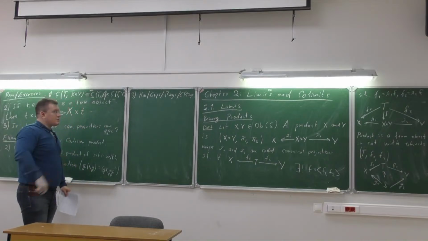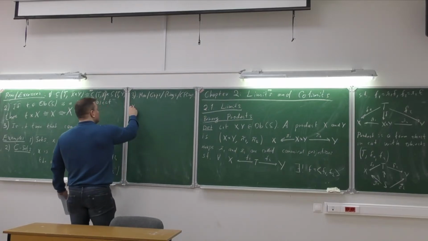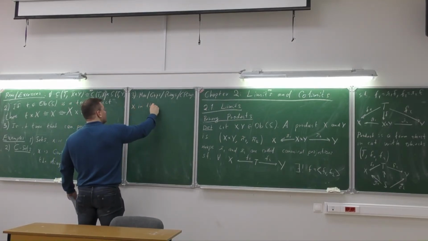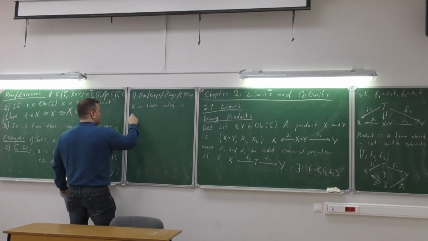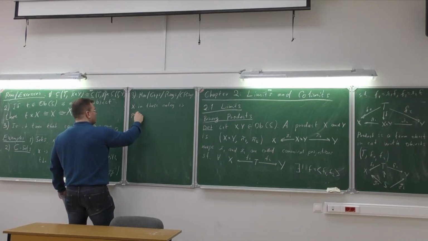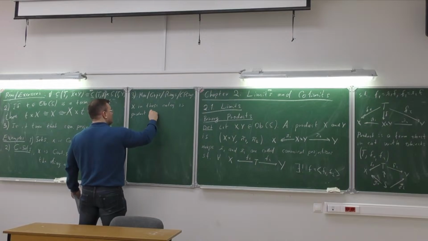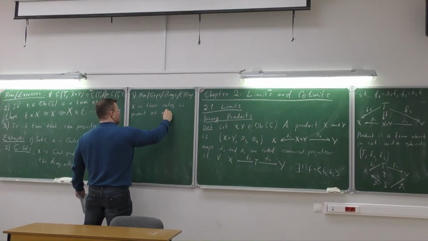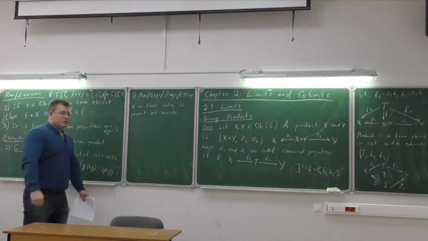More or less using this reasoning with the category of sets, we can see that the product in these categories, well, it's just the product of monoids, groups, etc. Just the standard thing.